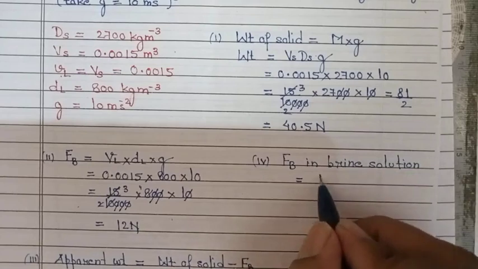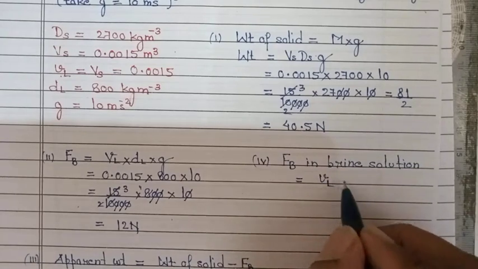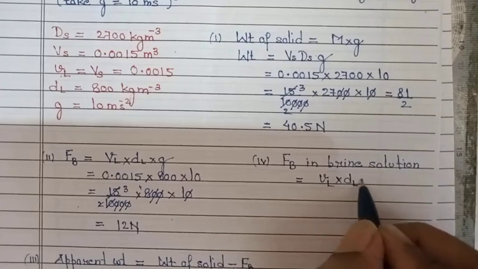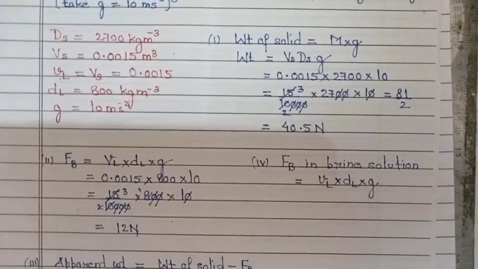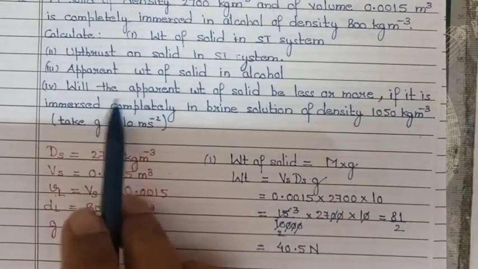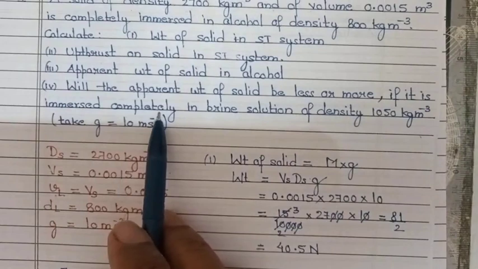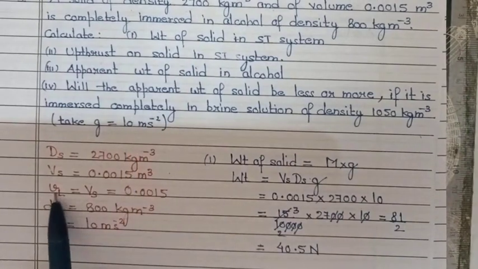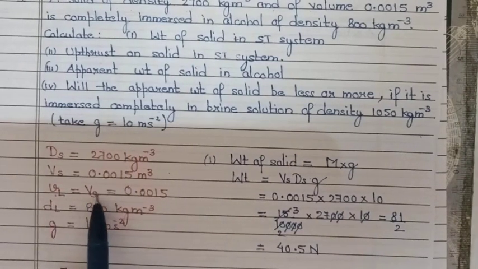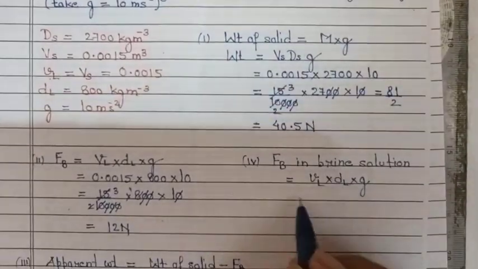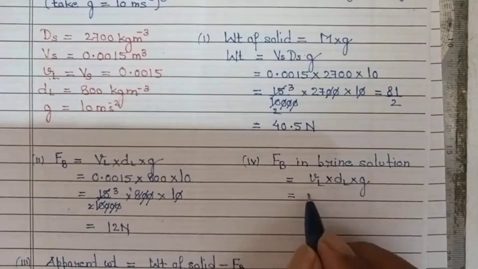Formula will be same: volume of liquid displaced into density of liquid into gravity. Now as you can see, again they are saying that the body is completely immersed. Now if body is completely immersed, again the volume of liquid displaced will be same as the volume of solid. So volume of liquid displaced will be same.